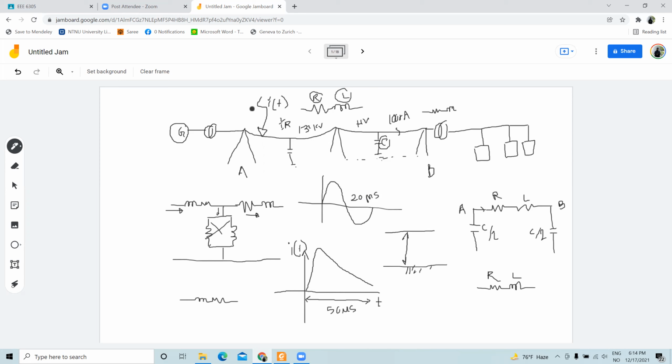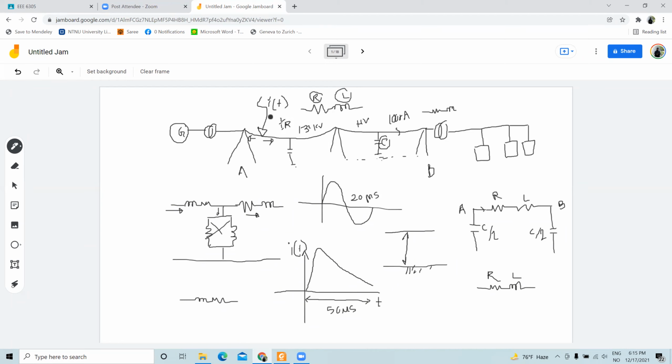So when this very fast transient current hits the line, it sees two paths, one on the right and one on the left. Depending on the resistance, it splits into two parts, one going to the right and the other going to the left.